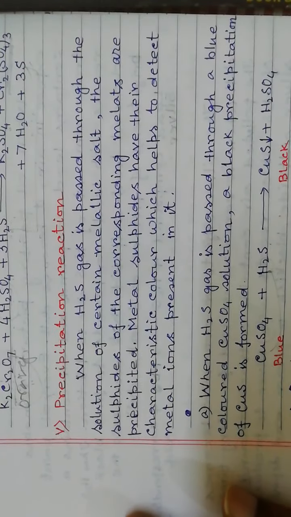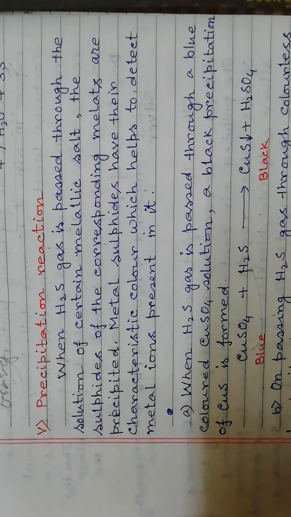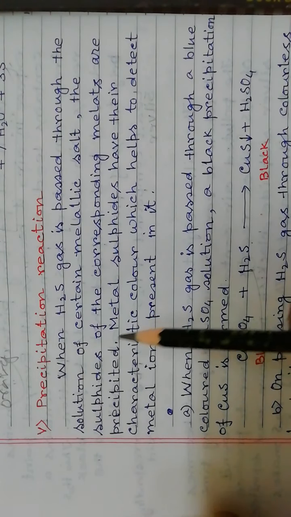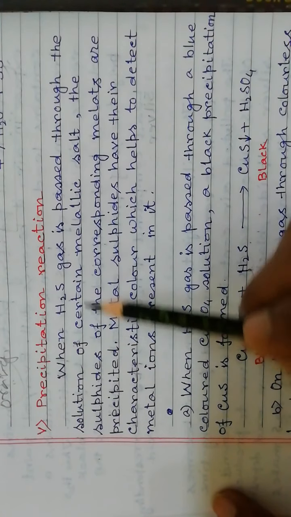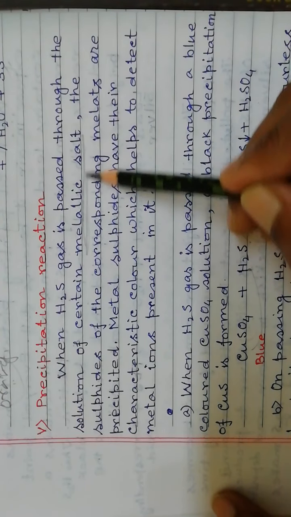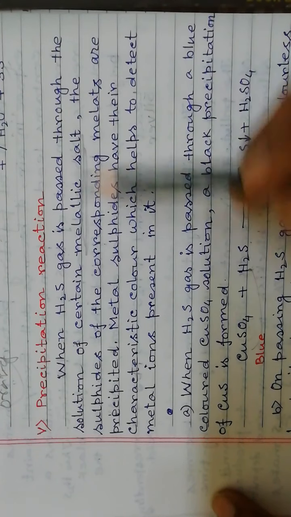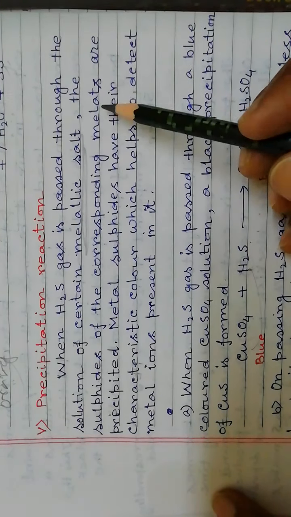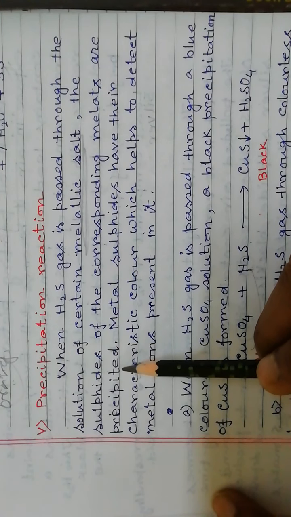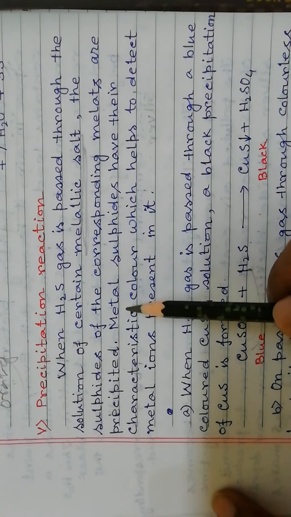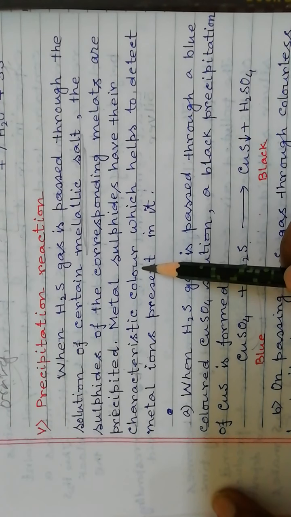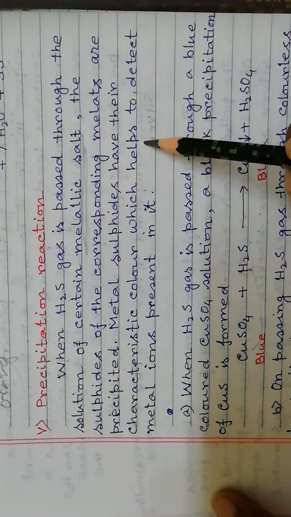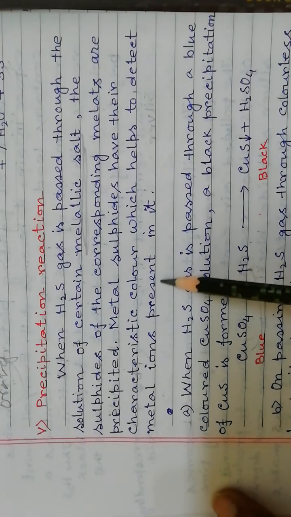Now the very important reaction for H2S is the precipitation reaction. Why is it very important? When H2S gas is passed through the solution of certain metallic salts, the sulfides of the corresponding metals are precipitated, and these metallic sulfides have their own characteristic colors, which help to detect the metal ions present.